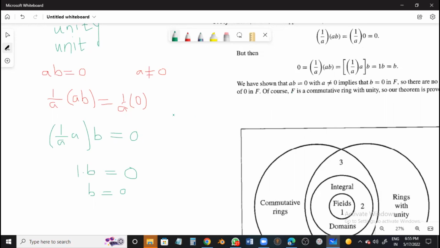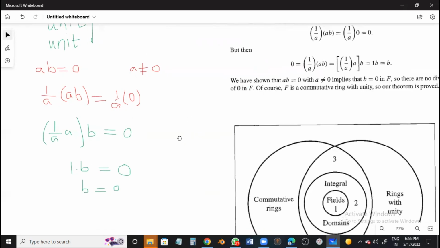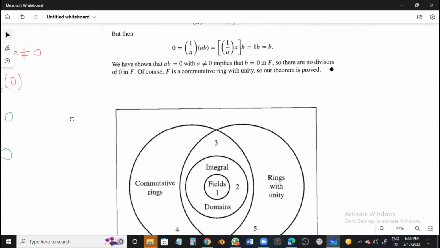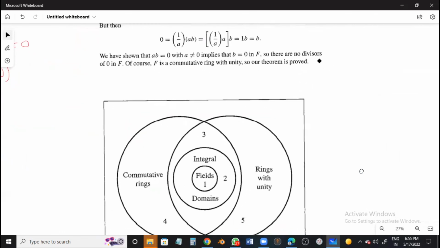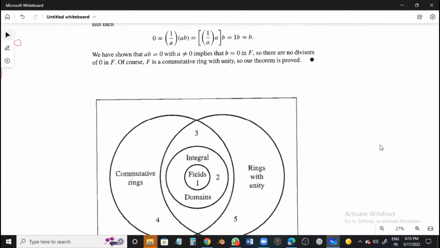So field is necessarily an integral domain. Okay, every field is an integral domain. Hope so. Understood the concept? Got it?